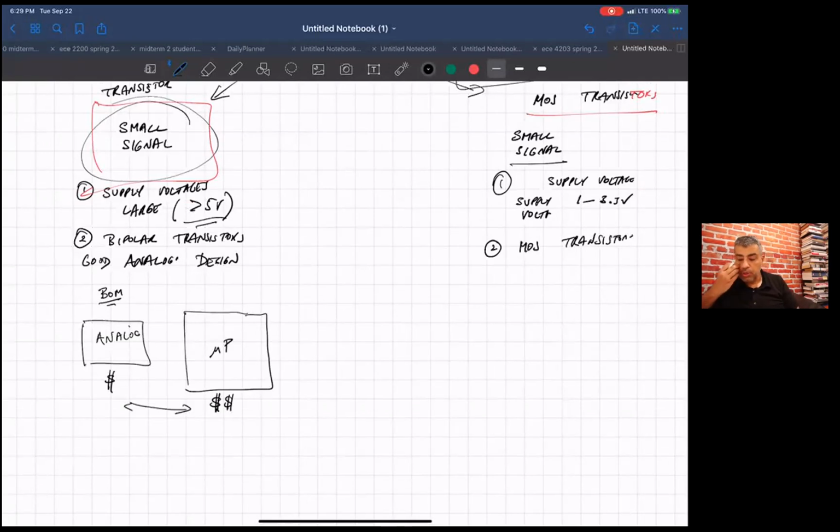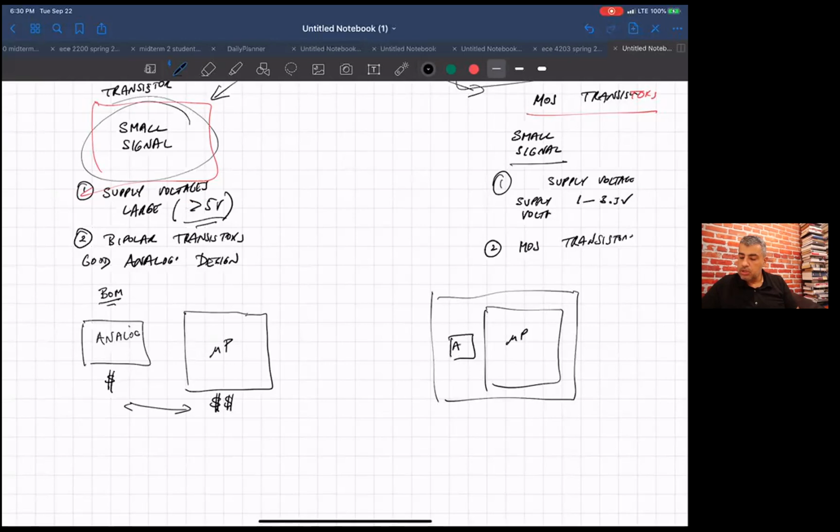Now, if you want to reduce your product cost, you would put your analog circuits on the same chip as your digital circuits. To first order, the cost is about the same as your digital circuits, because when you're designing chips, you pay for the chip area, and the area of these analog circuits isn't very big. So you end up basically paying the same thing for your digital circuit that has the analog stuff as you did for the digital circuit that didn't have the analog stuff.